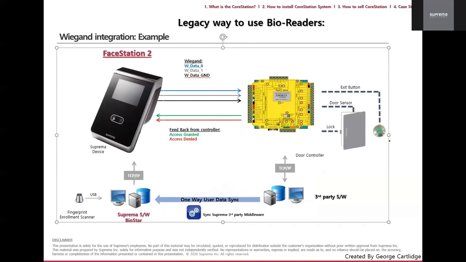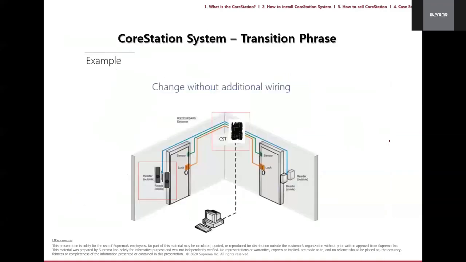So let's say if I go back to the previous slide, if a customer has this set up and they'd be like, okay, I want to now go to the CoreStation. It's very easy and simple. They don't really have to change or add additional wires. They pretty much have to just add a CoreStation where the AC panel used to be, and basically connect the exact same wires back to the applicable ports on the CoreStation, and then you can replace those readers with biometric readers, and then the CoreStation would then be able to install our software, BioStar, and then be able to sync all your users and pretty much install and move forward.